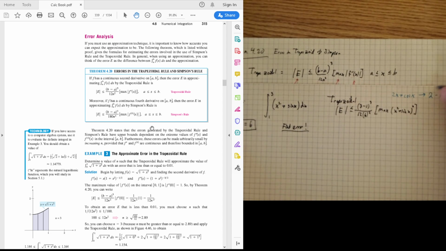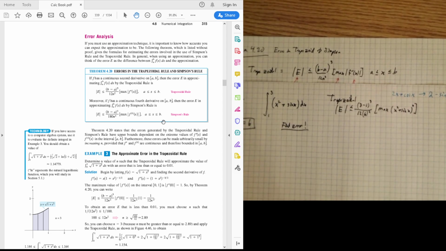Now, you can find the maximum using a graphing calculator or any other tool you wish. That's what I'm going to do. I'm going to use my graphing calculator real quick.